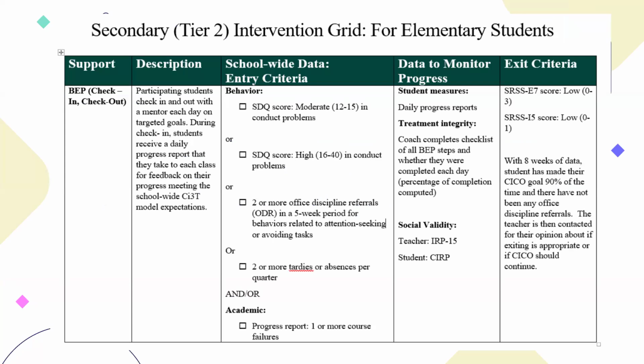In each intervention that we roll out, we have a description, entry criteria, ways to progress monitor, and exit criteria, which allows these interventions to be done effectively. But it also ensures that our students are not in what we call intervention jail, right? We don't want these kids to be stuck on an intervention for years and years and years without any data to back up whether or not they need a new intervention or not.